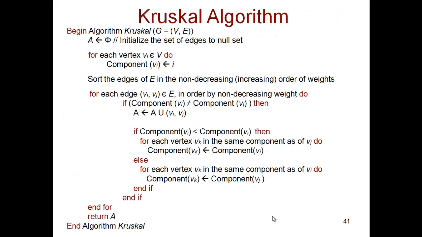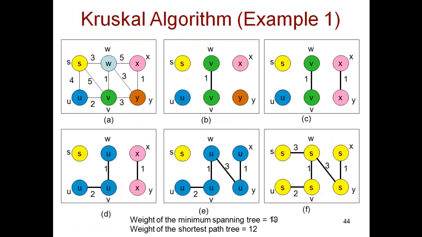But if you look at the minimum spanning tree that we just found with Kruskal's algorithm, if you want to go from S to U on the minimum spanning tree, you have to go like this: S to W, weight 3, W to V, weight 1, V to U, weight 2. So the sum of the edge weights on the path is 6. So if you want to send information on the shortest path, you have to find the shortest path tree. Don't use a minimum spanning tree.